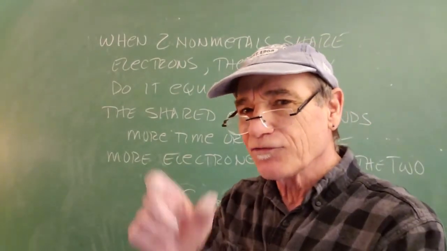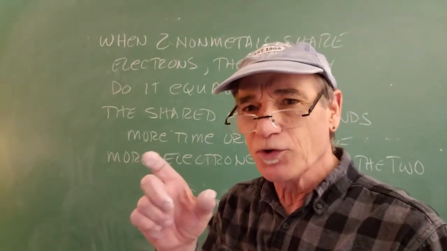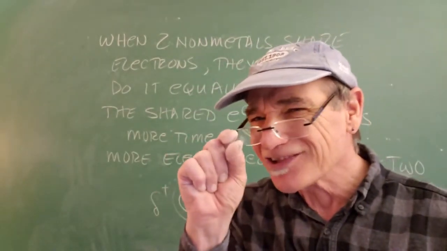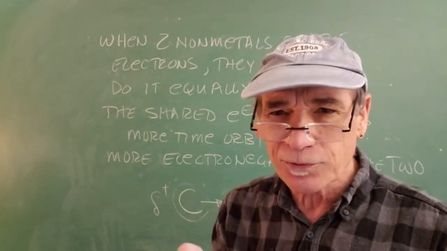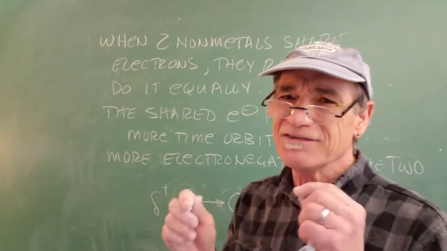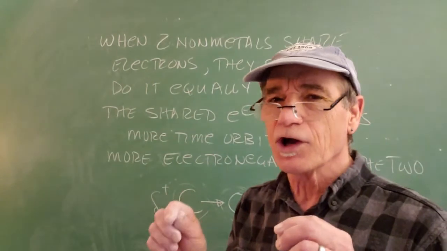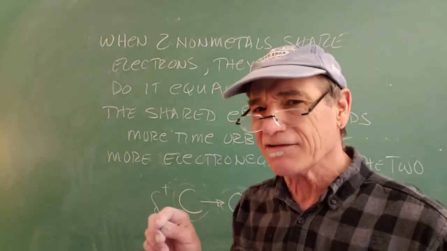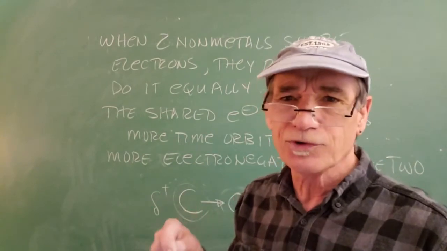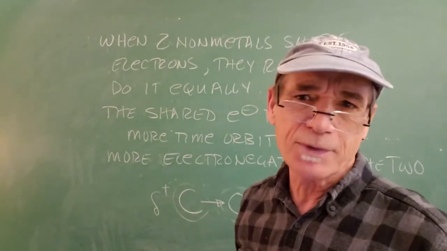When they're different and it's unequal, we'll call that a polar bond. But if they differ in electronegativity by just a little bit, it's hardly noticeable and seems very nonpolar. Their electronegativity values have to differ by 0.5 or greater for it to be a noticeable lopsidedness in the bond.